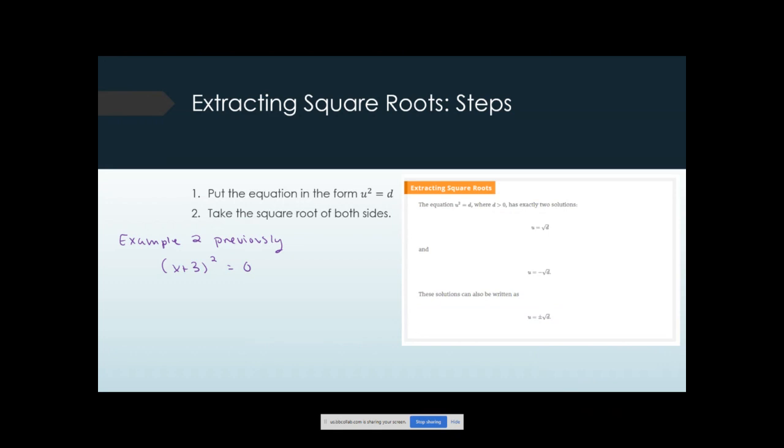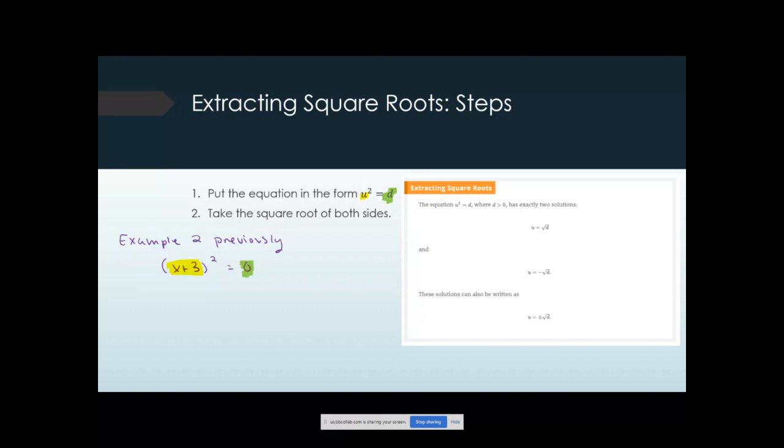That is in the form u squared equals d if u is x plus 3. So it's just something squared equals a number. In this case, our number is 0. You don't have to have it equal 0. It could equal any number. It just has to be something squared equals a number.